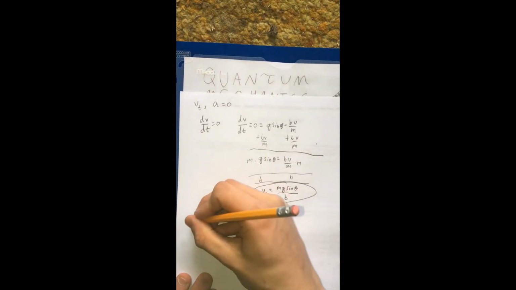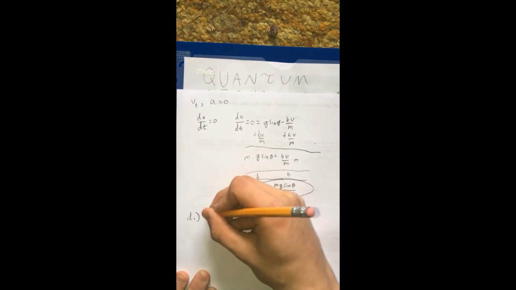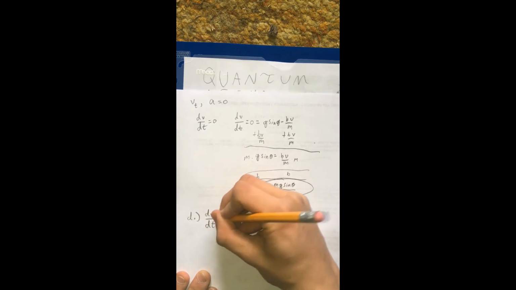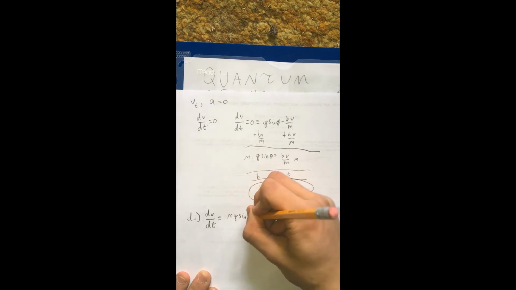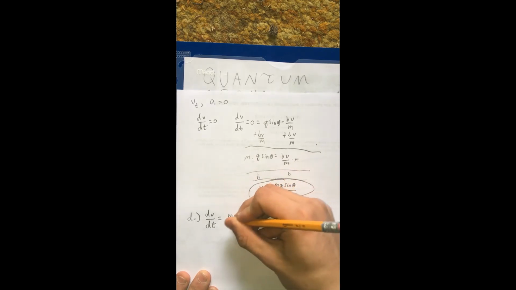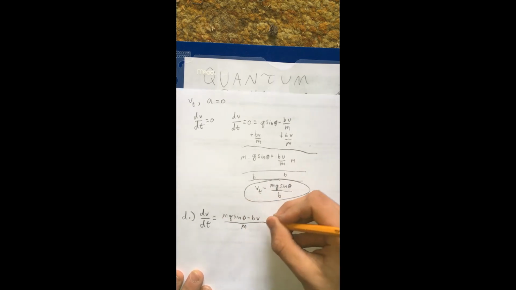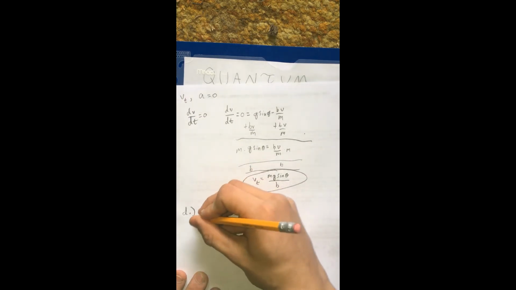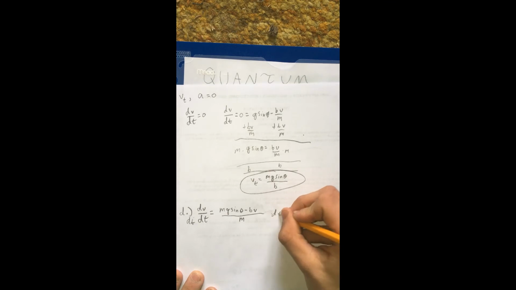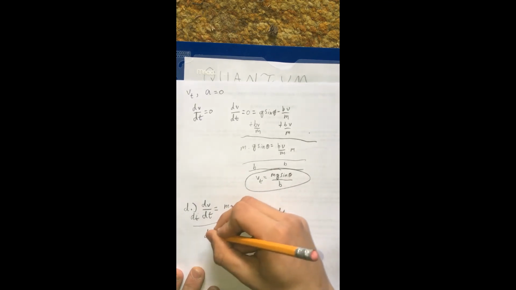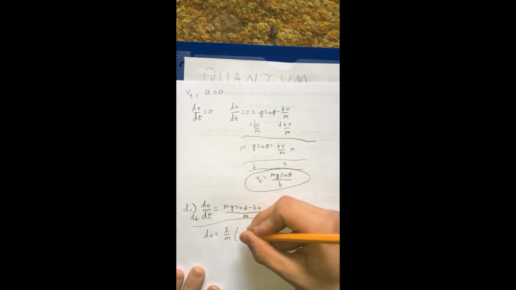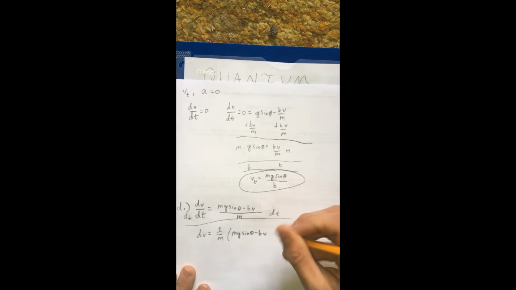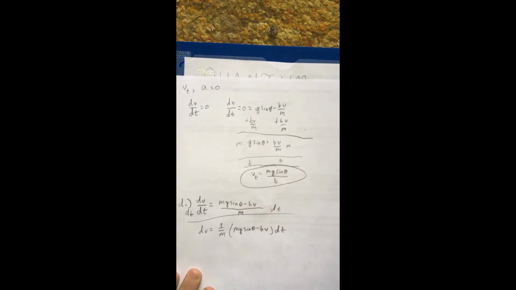So for part D, what I'm going to do is say dv/dt is equal to mg sine theta minus bv all over m. So what I'm going to do is multiply each side by dt so that each side has a differential. We get dv is equal to 1 over m times mg sine theta minus bv dt.